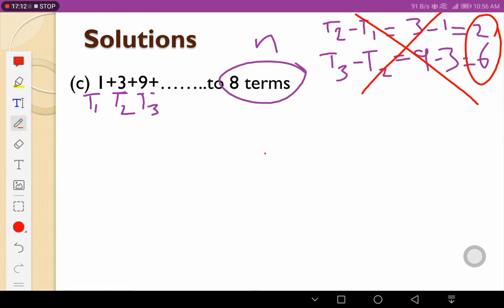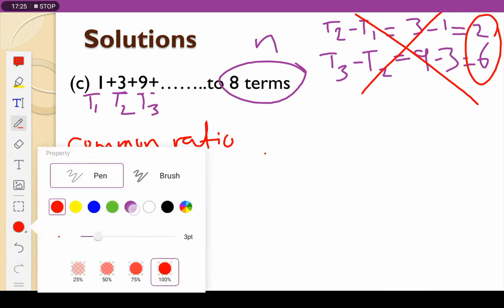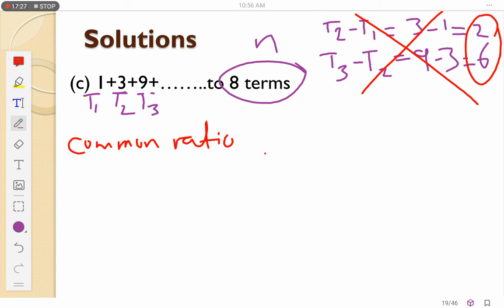Now we can go and find the common ratio. Let's find the common ratio. T2 over T1 is equal to 3 over 1, so here I'll have 3.